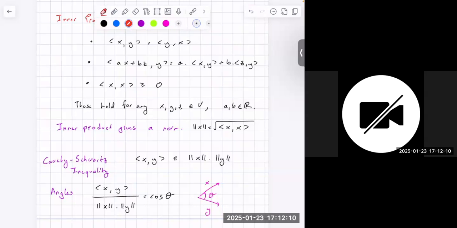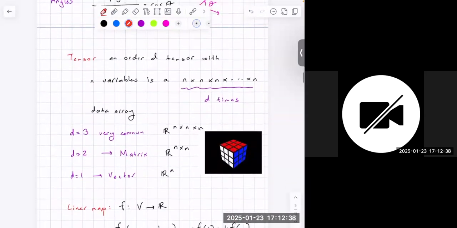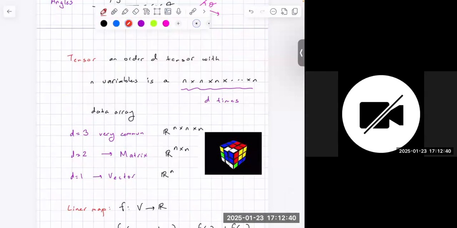Next thing I need to tell you is, if you open any machine learning library, you will see something called a tensor. It's either going to be called TensorFlow or PyTorch, or you'll have to use something called TensorDict in PyTorch. So there will be this word tensor. What does that mean? For purposes of data analysis, a tensor is this Rubik's cube.